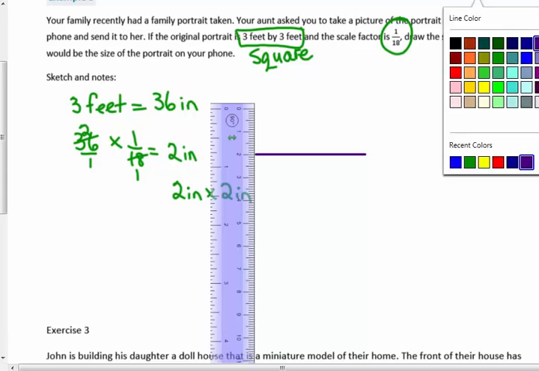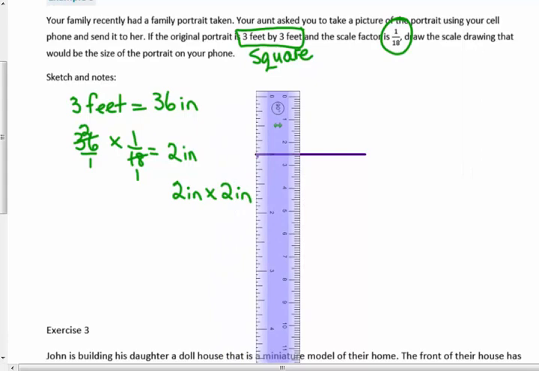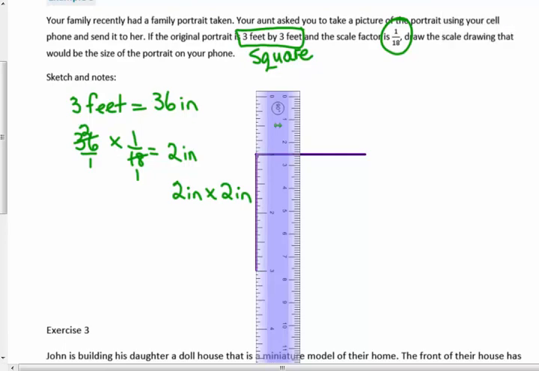So I'm going to go ahead and make my purple square here. 2 inches. Oh, that's not inches on that side. Silly me. Got to move my ruler over. Got to use the inch side, not the centimeter side. Jeez. Got to be careful to read your ruler. Moving it over.